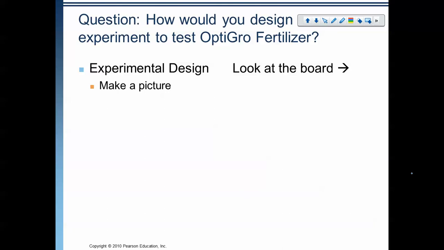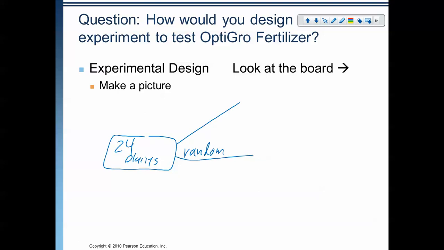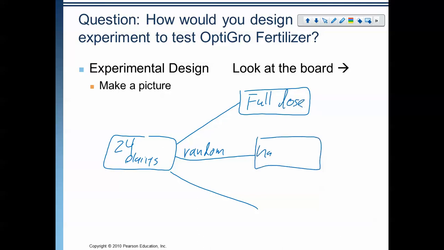Let's make our design for this. So I'm going to take my diagram here. I'm going to take 24 plants, and then I'm going to randomly assign them to 3 different treatments. We had one treatment that was full dose. We had one treatment that was half dose.